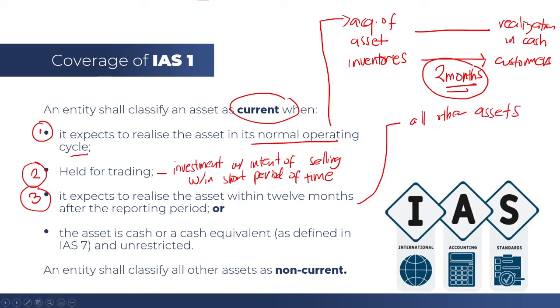Even if you're not in the business of buying and selling land, for example, but you hold land for capital appreciation, but you are planning to sell the land that you are holding within 12 months after the reporting period, then this will be considered a current asset.